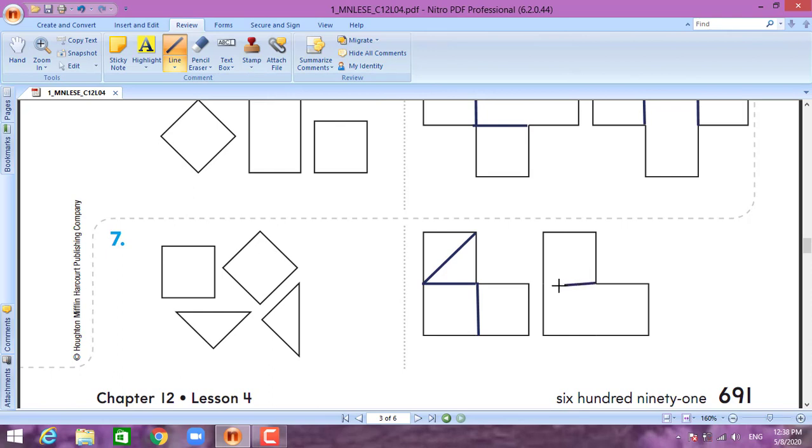The first line, I will draw it here. The second line, I will draw it here. Then the third line, I will draw it here.